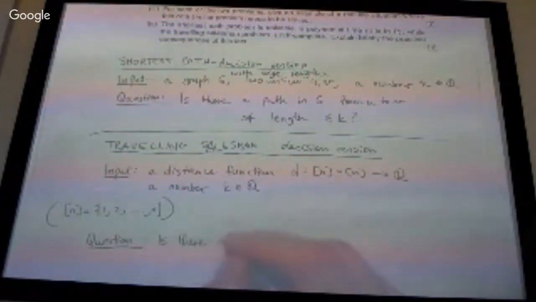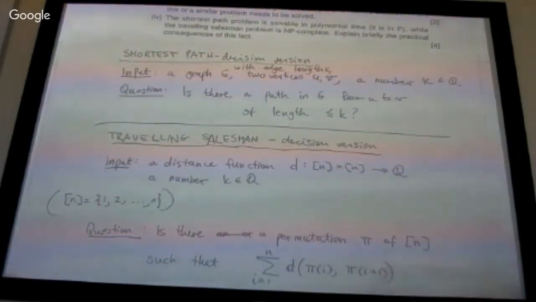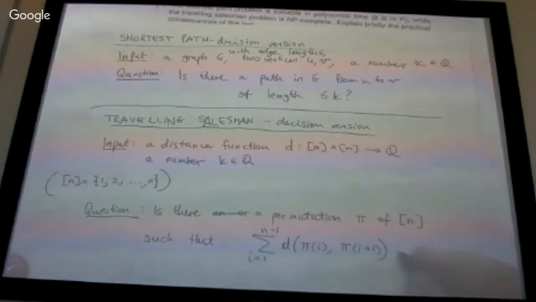So is there a permutation, I'll group-theorize it, is there a permutation of those such that when you add all these distances, so when you add, i goes from 1 to n minus 1, the distance from the first to the next, and then you add the distance from the last back to the first, you get no more than K.